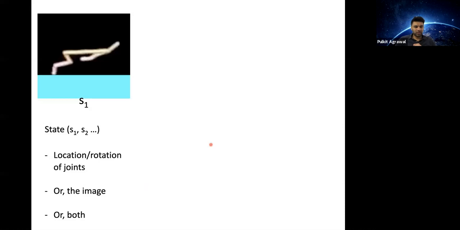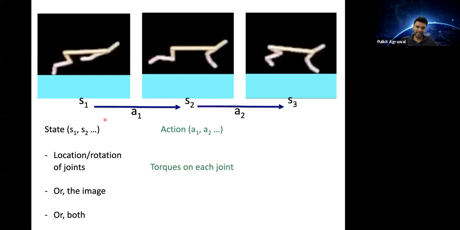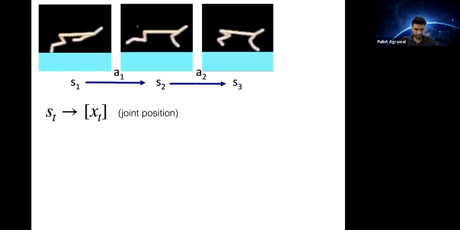Okay, so let's go back to one problem that we discussed in some part of the lectures earlier, where we have the state of the robot, maybe of this particular cheetah over here, defined as location, rotation of joints. We take actions which could be torques on each joint, and the reward function might be the velocity, which is the speed of the cheetah over here, right?